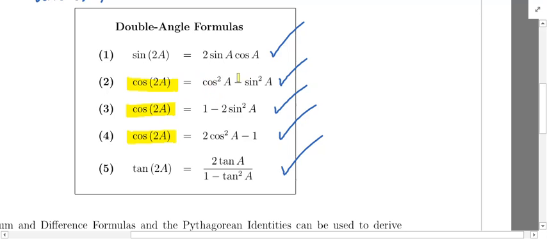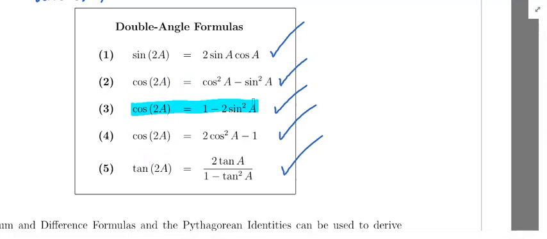And the right side involves sine or cosine, one or the other or both. We want the sine of theta. If you notice, formula number 3 only involves the sine of theta. Formula 3 relates the cosine of 2 theta to the sine of theta. So we're going to use this double angle formula and we're going to be able to get the value of the sine of theta.